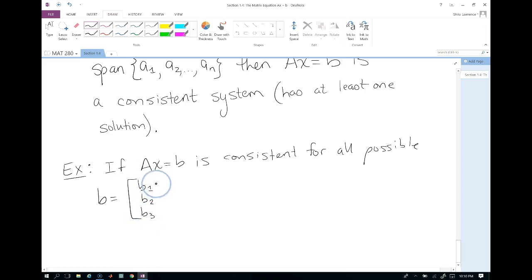So B is in R3. If A is 2, 1, 5, -1, 3, 0, 9, -4, 1.